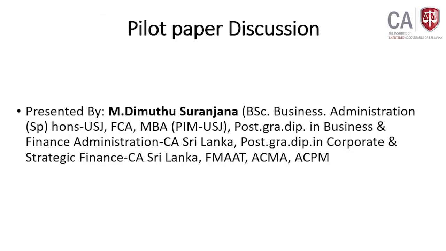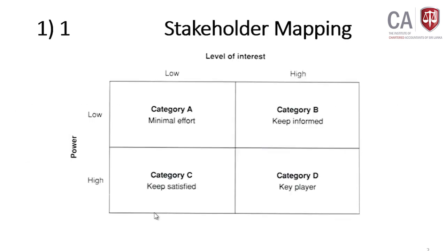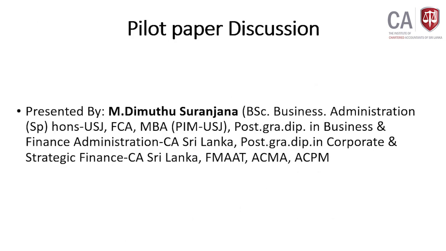Before looking at the answer, we look at the theory part also. After that, we will look at the answer. So, I try to identify the relevant theory part in relation to this final paper discussions.